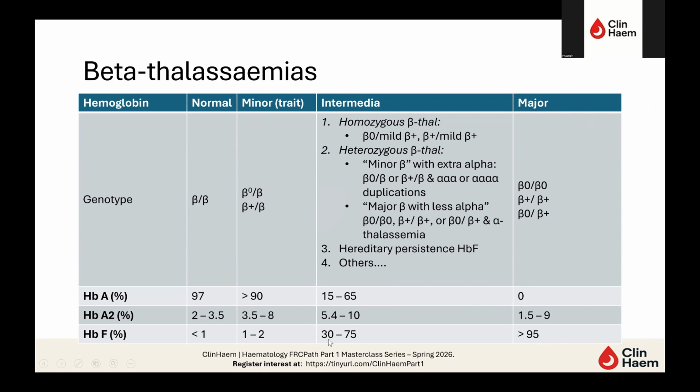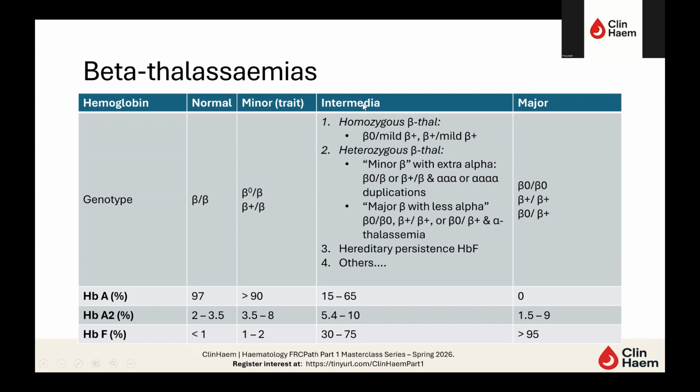HbA2 would be here, and HbF can be, according to what the HbA is, you will have HbF. Delta is, as I said, not expressed quite a bit. That's another reason that you don't see a lot of delta produced. So the HbA2 is usually under 10 in thalassemias. There are other reasons where you can have high, quote unquote, HbA2, which we will leave for another day.